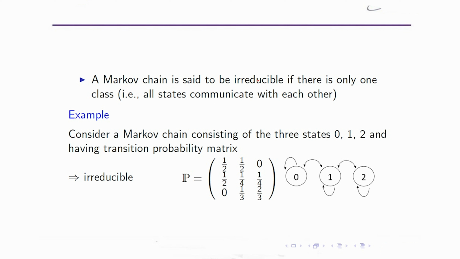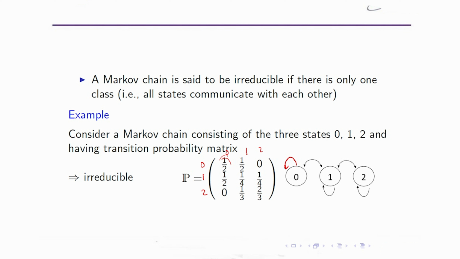So we give an example here. Consider a Markov chain consisting of the three states 0, 1, 2, and having the following transition probability matrix, with rows and columns being states 0, 1, 2. Let's look here. From 0 to 0, there's a positive probability, so 0 can go back to 0.